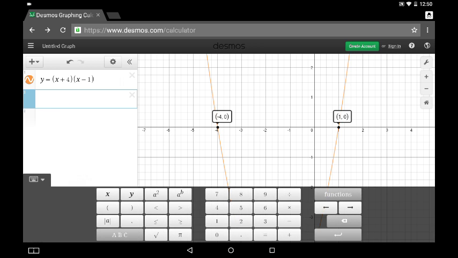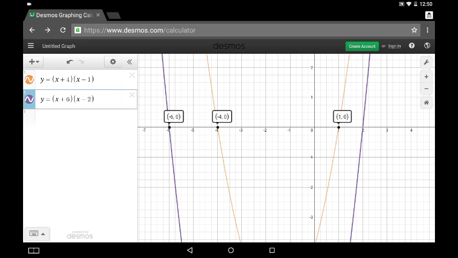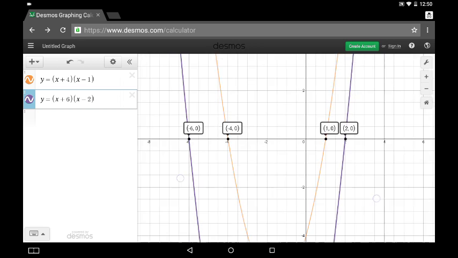If the equation had something like y equals (x plus 6)(x minus 2), well, let's look. X plus 6 should give us an x-intercept at -6, and there it is. And x minus 2 will give us an intercept at x equals 2.